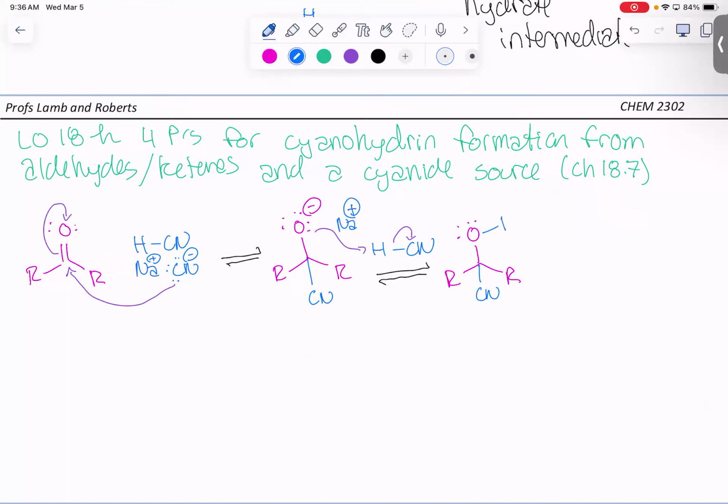All right, so that gets to our cyanohydrin product. And you'll notice that we regenerated our sodium cyanide. It's ready to go for this next equivalent.